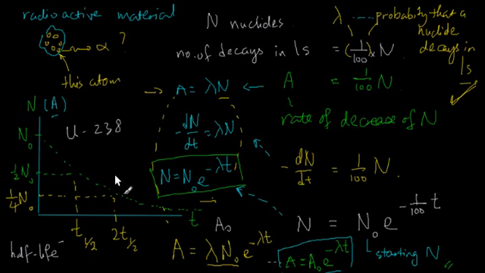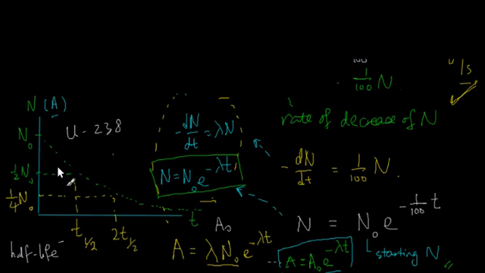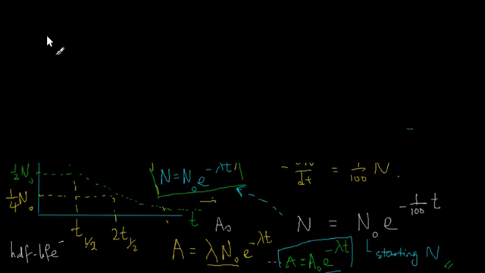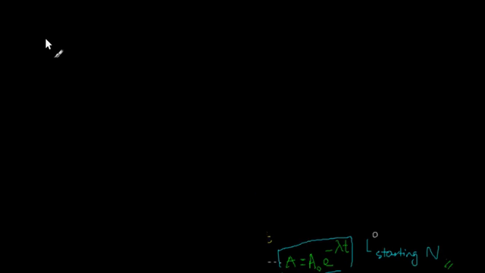So let's now look at this exercise in which I'll give an example of how we can actually determine the half-life based on what we can measure. Right, so suppose that we have a piece of uranium.